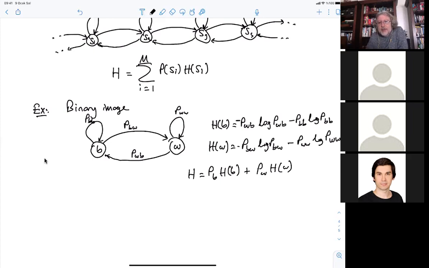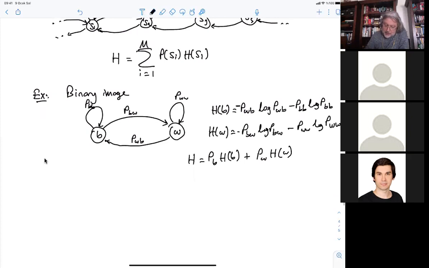And this overall entropy is, in general, smaller than or equal to, let's say, the case where the probability of black is 1/2 and entropy of black is 1, and probability of white is 1/2 and entropy of white is also 1. So 1/2 times 1 plus 1/2 times 1 will give you 1, but that is the maximum case. It may be less than that one.